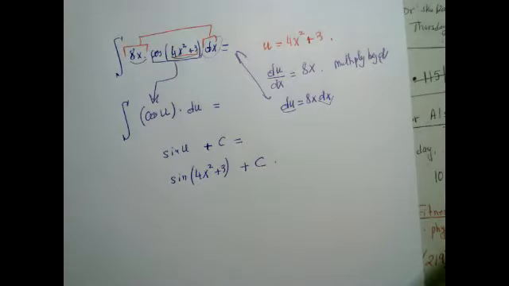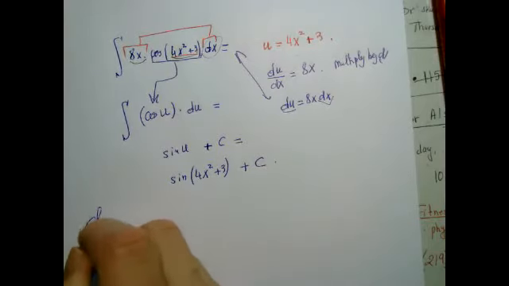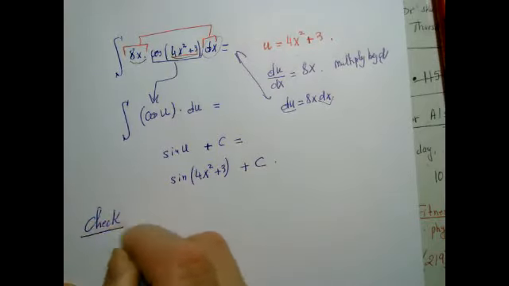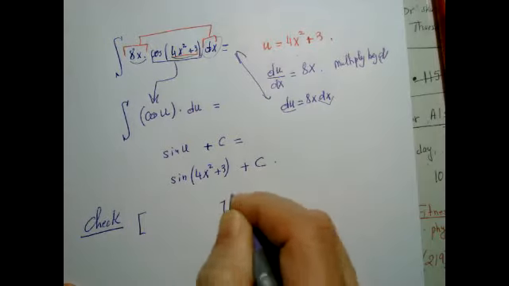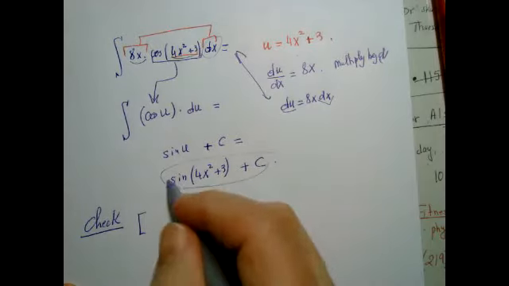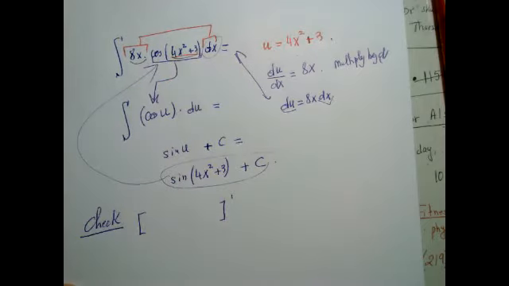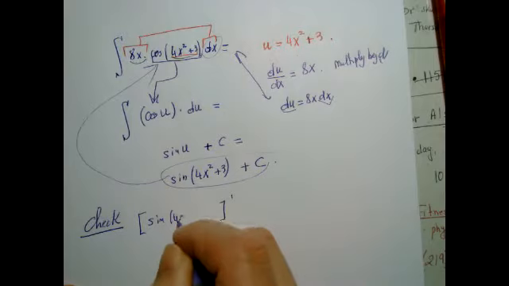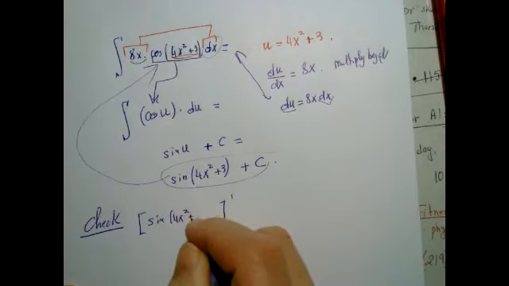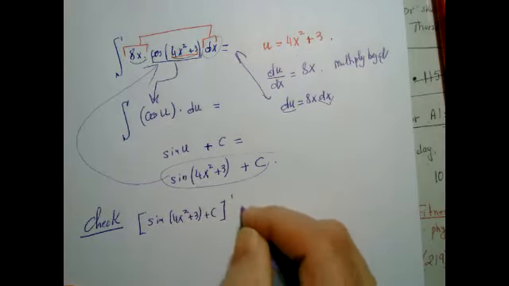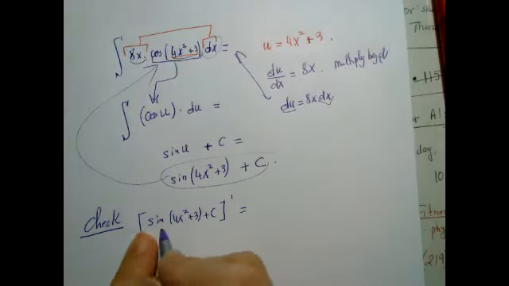Okay, and now we can check. And that's when you see that we are actually reversing the chain rule. Checking means we find the derivative of this function, and we make sure we get the integrand. So if I find the derivative here, I use the chain rule. That's an inside, that's the outside.